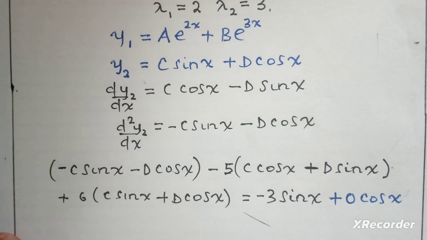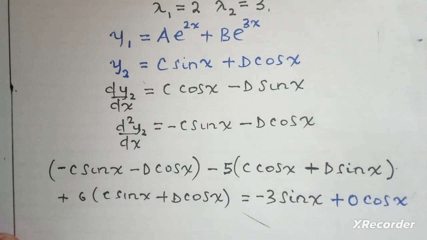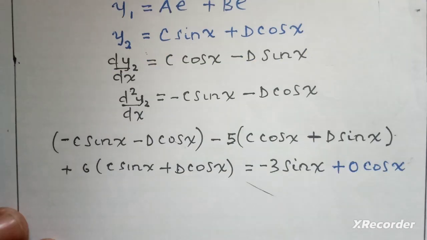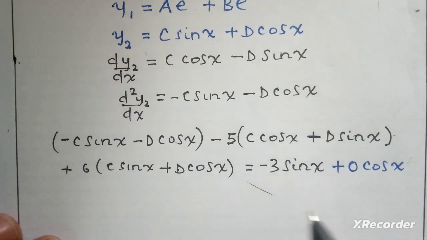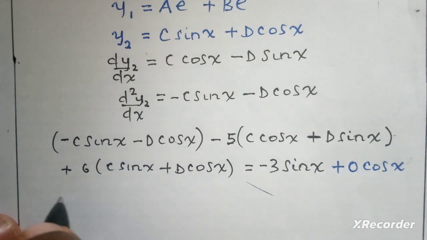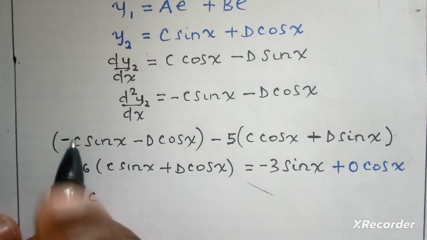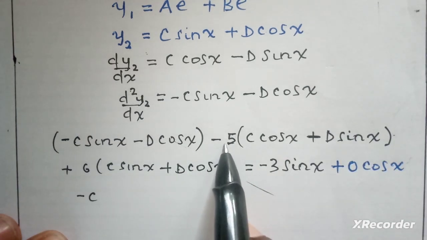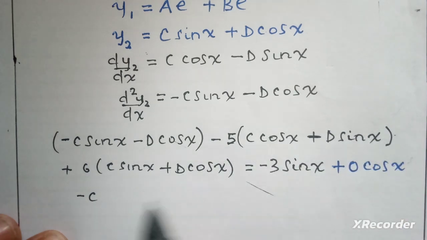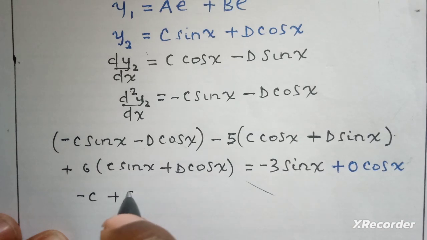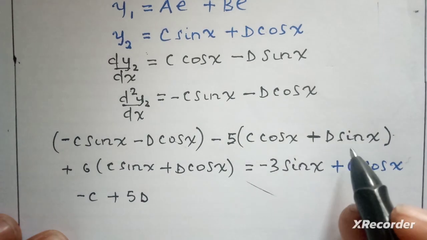So from there, guys, we equate the coefficient of sine and the coefficient of cos. For the coefficient of sine, we'll have negative 3 this side, but here we shall have minus c, then plus 5d, then plus 6c.